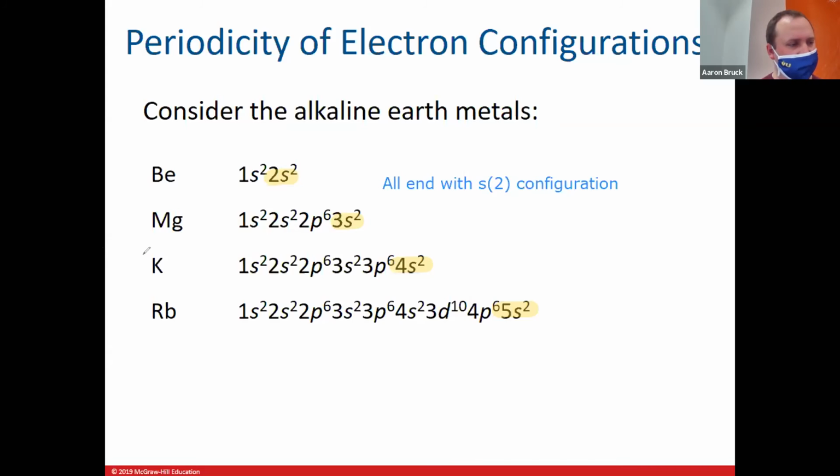So let's cross these out because these are incorrect. 4s2 would match the configuration of calcium. 5s2 would represent the configuration of strontium. But we can see the same pattern still emerging. All of them end with the same configuration.